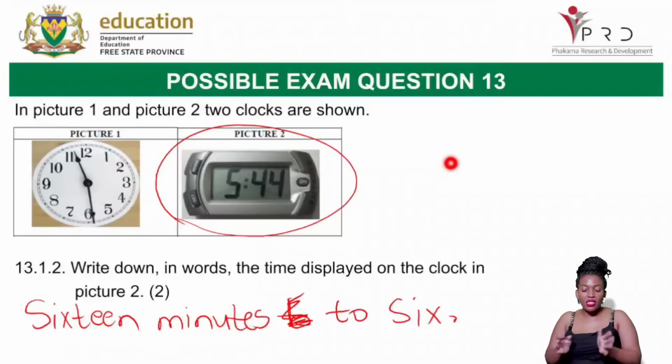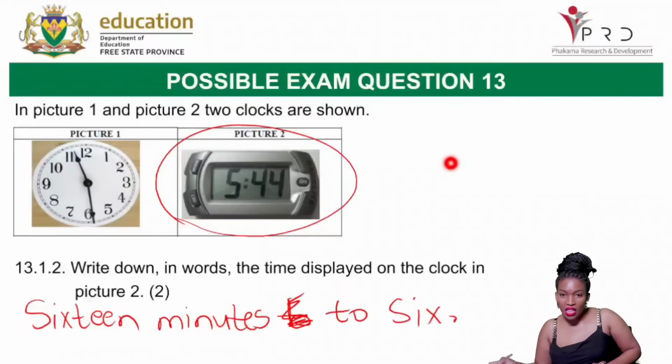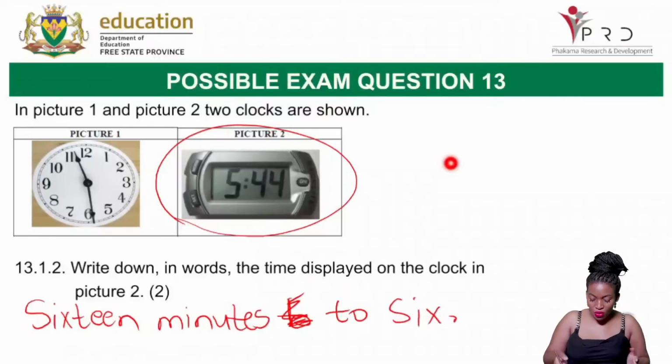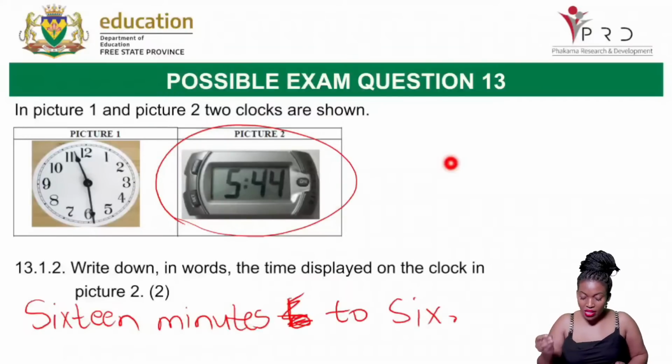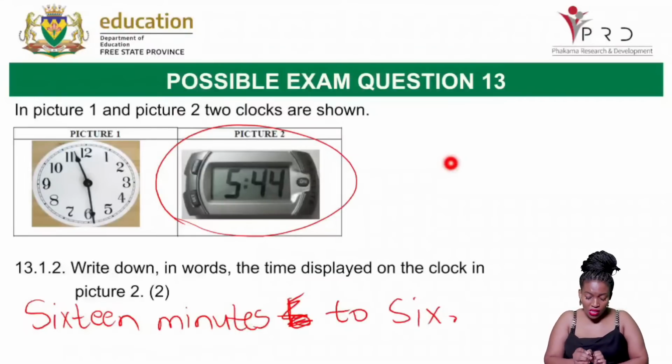They didn't tell us whether it's in the morning or in the afternoon. If it was in the morning, we'll say 16 minutes to 6 in the morning. If it was in the afternoon, we'll say 16 minutes to 6 in the afternoon. So this is how we write. You can't say it's 5:44. That is not how we say it. So it's 16 minutes to 6. That is how you will answer this question.